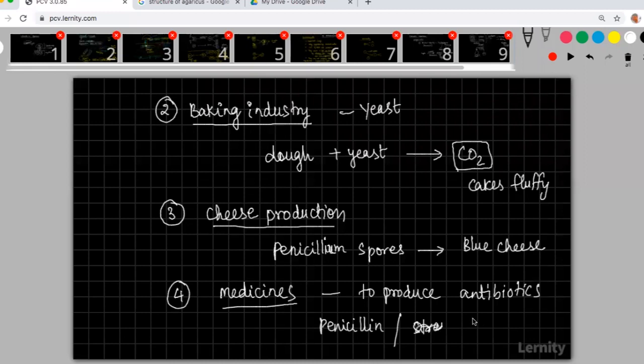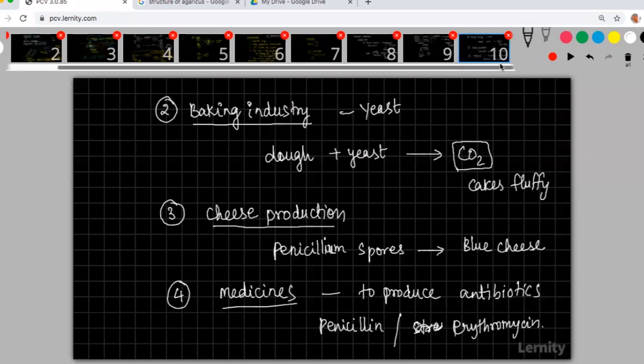Streptomycin is from bacteria. Erythromycin are all examples of antibiotics. Tetracycline and ampicillin, all those things are examples. Just learn a few antibiotic names.